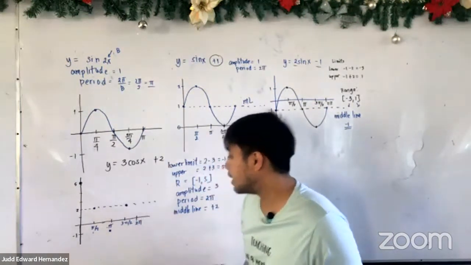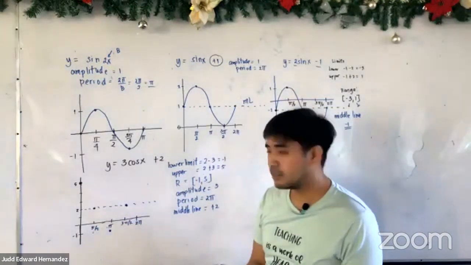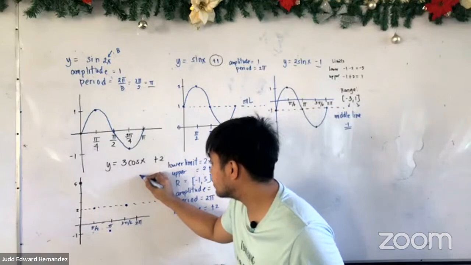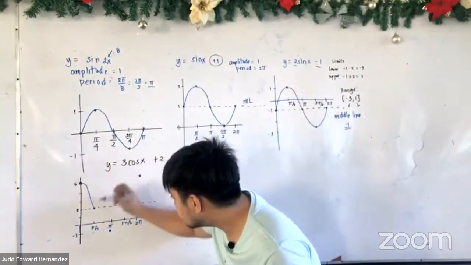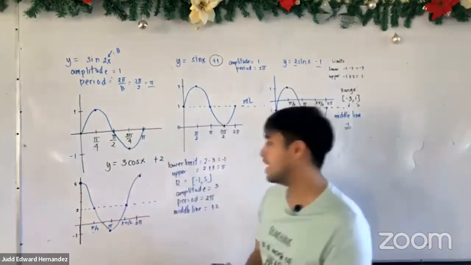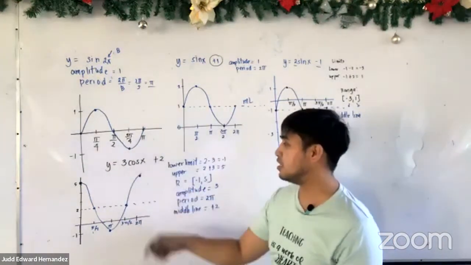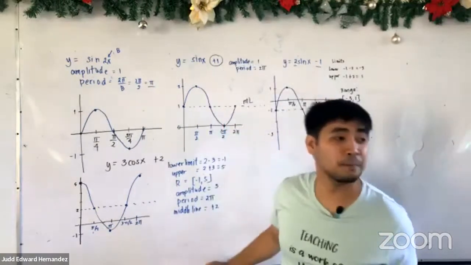Pupunta siya dito. Tapos, saan siya ngayon dapat pupunta ulit? 5, po. So, andito na siya. So, graph na natin. Ayan na, yung graph ng y is equal to 3 cosine x plus 2. Are we clear? Maliwanag po ba?